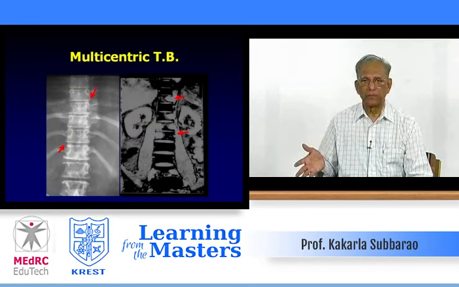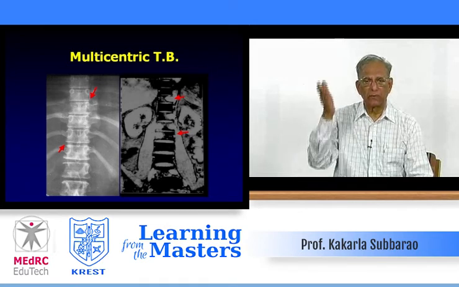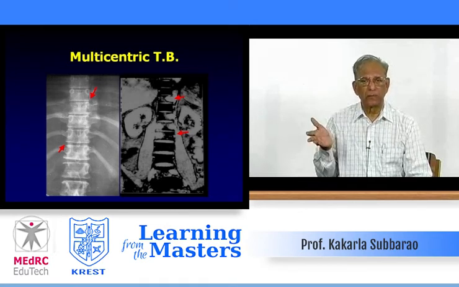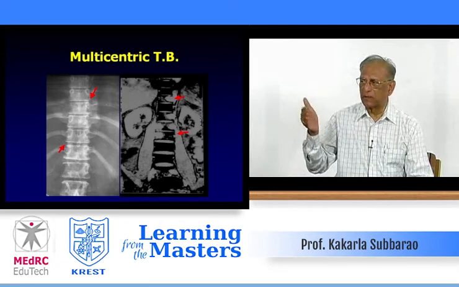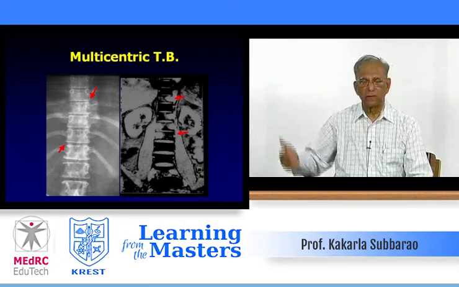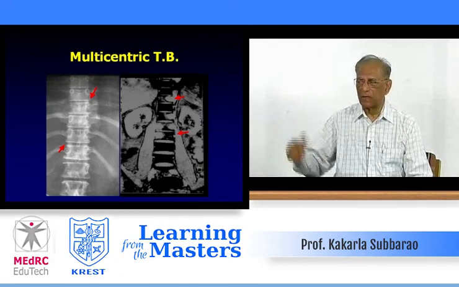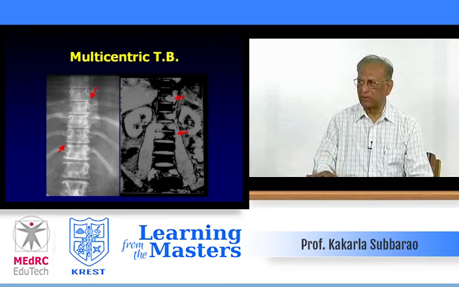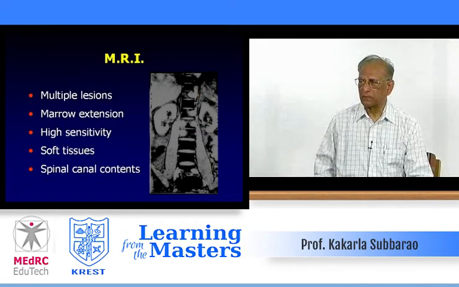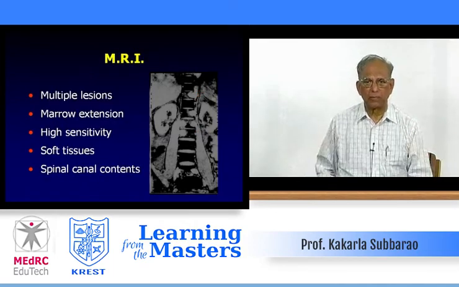Multicentric TB. This patient actually on a plain film, they diagnosed as lymphoma. And then we took MRI, multiple lytic areas, and look into the coronal section, there are abscesses. So it must be a tuberculosis infection. MRI, how does it help?